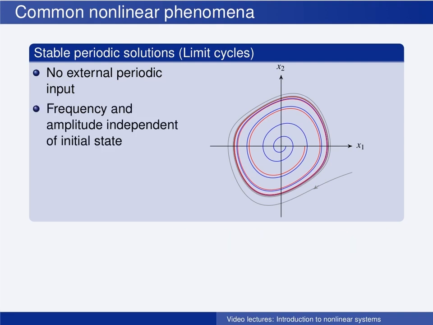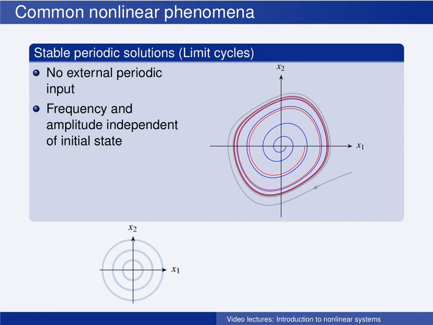We can also have periodic solutions in linear systems without any external input. Remember that we got periodic solutions in the case when the system was marginally stable. For two-dimensional systems, these could look something like this, with the equilibrium point at the origin and periodic solutions surrounding the origin.